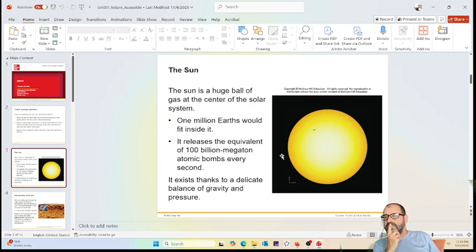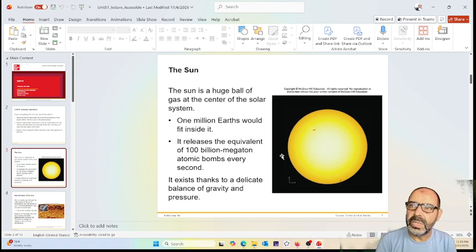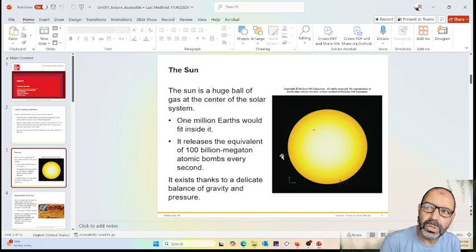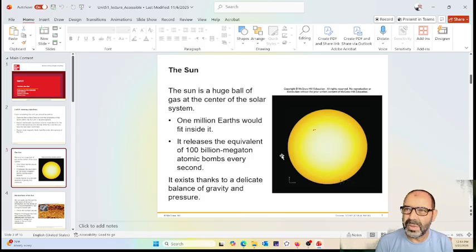So it was a puzzle until nuclear energy was discovered, and then from there we know that inside the core of the sun there must be nuclear reactions to provide that much energy, 10 to the power 26 watts.